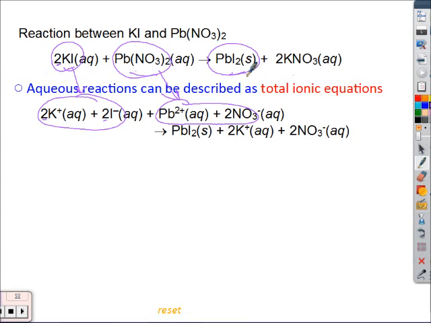The lead iodide, you'll notice, is still a solid. It did not break up. If they're insoluble, solids are not broken up as ions in the reaction. And then the 2K+ and 2NO3- from the potassium nitrate.